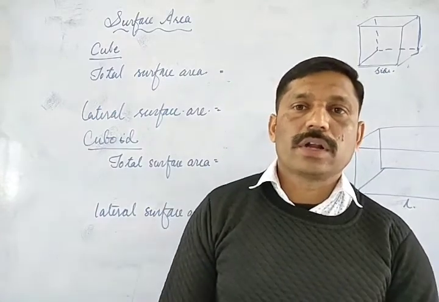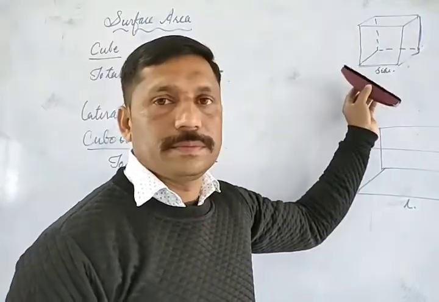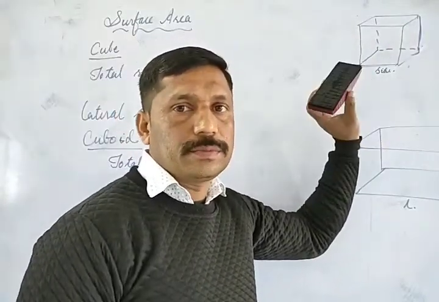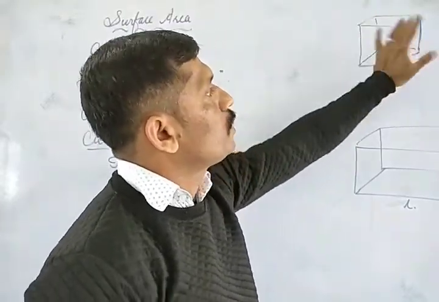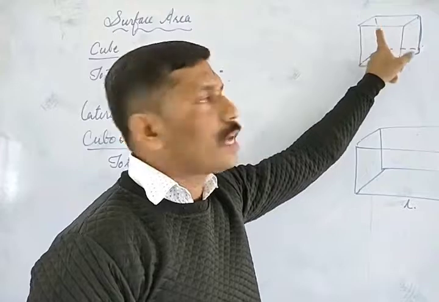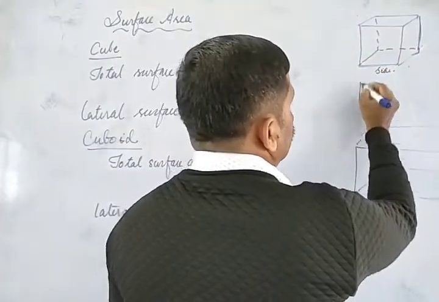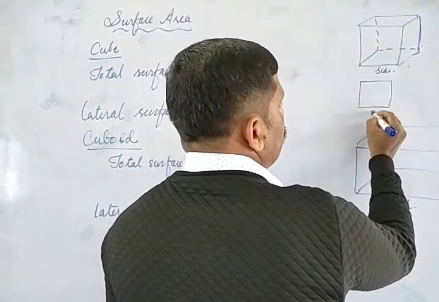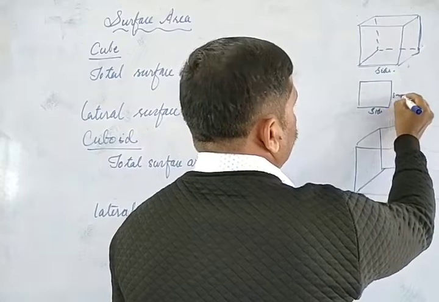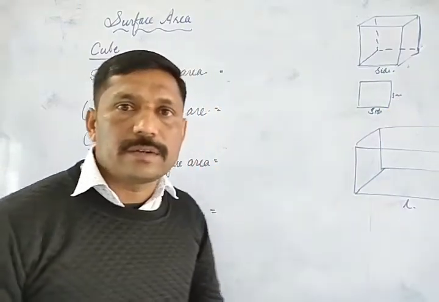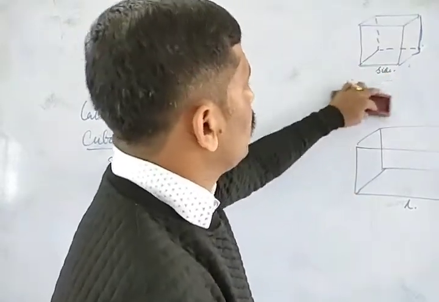First of all, we study total surface area of a cube. In a cube, you know that all sides are equal. The volume is side cube. But surface area means the area of all the surfaces. The area of one surface is a square, and square area means side square. How many surfaces are there? 6 surfaces, 6 faces are there.